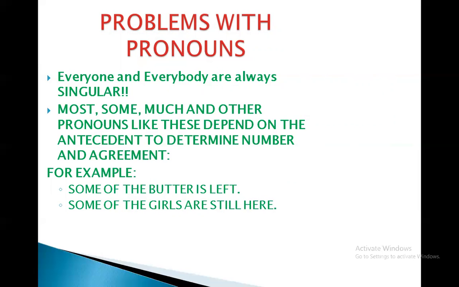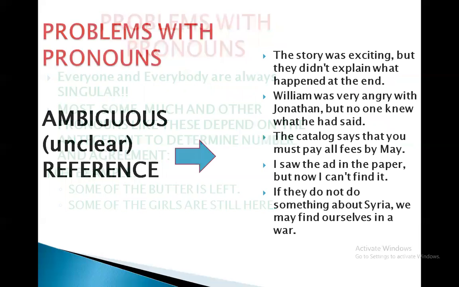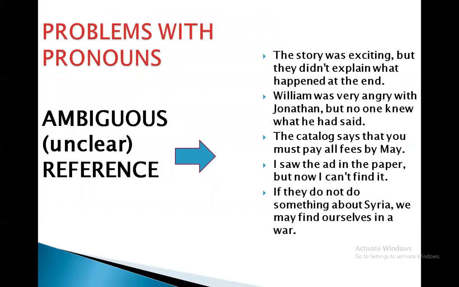For example, some of the butter is left. Some of the girls are still here. This is the ambiguity, ambiguousness is also there in the use of pronouns. The story was exciting, but they didn't explain what happened at the end.